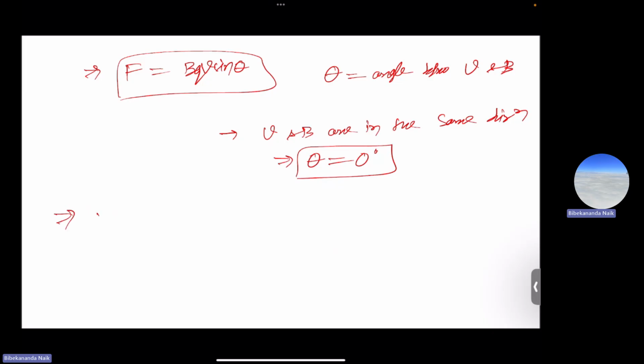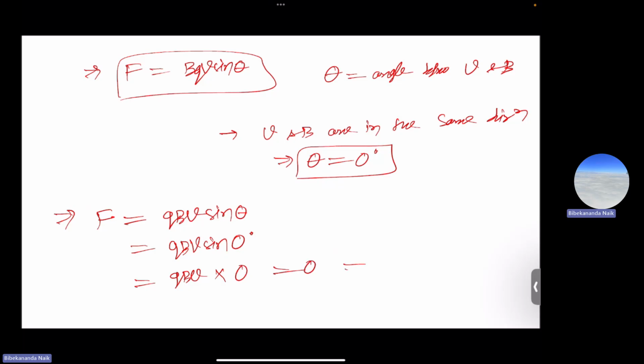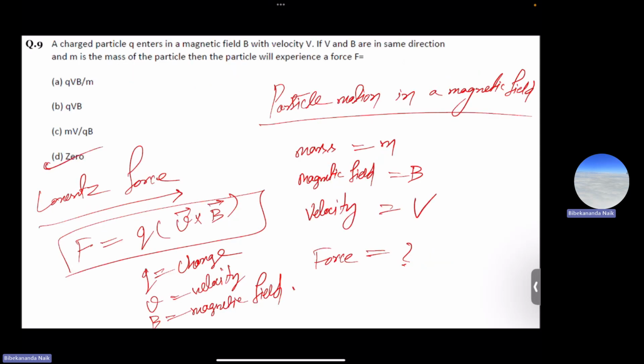So F will be q v B sin theta, q v B sin 0 degree, q v B into 0, which is 0. That is, no force. So the correct answer will be option D.